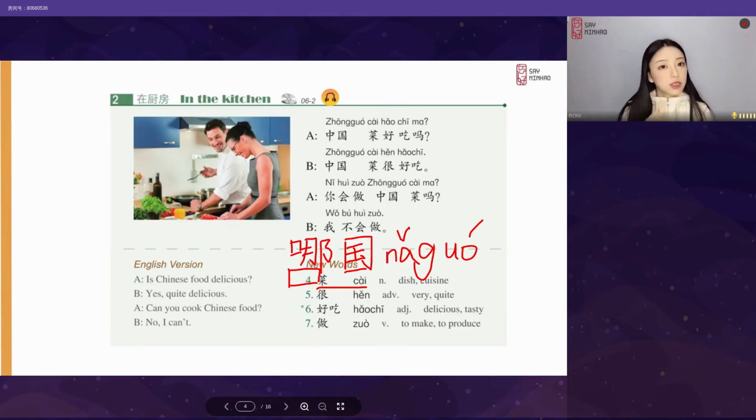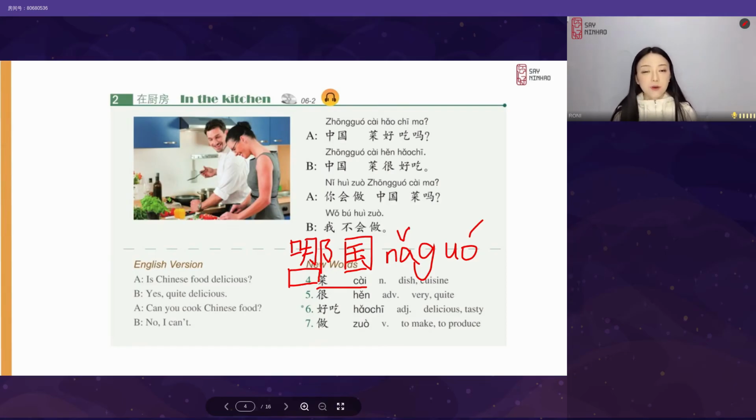So I will put you at the beginning. So 你. And then we need a predicate, a verb, which is eat, right? How to say eat in Chinese? It is 吃. Okay, 你吃哪国菜 is the right answer. It is the question about which country's dish do you want to eat.